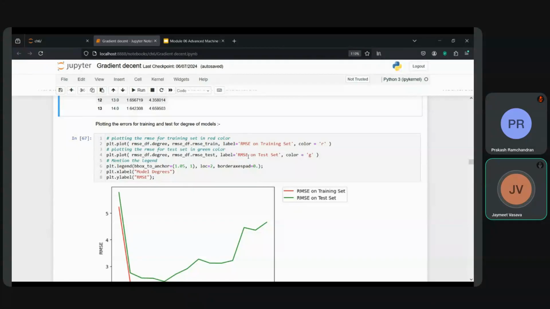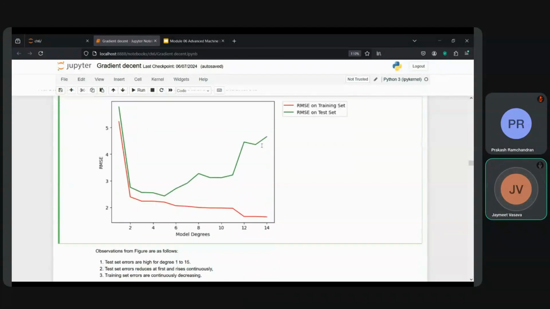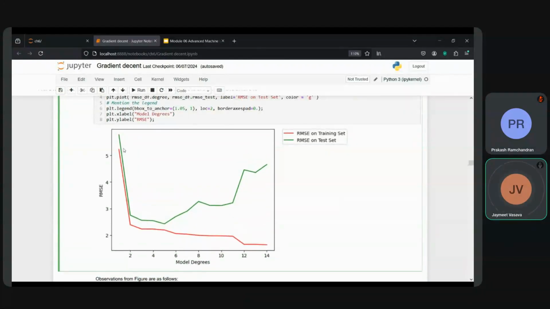After this, we compare the root mean squared error of the training set and the root mean squared error of the test set that we got. You can see that the error starts to decrease for both of them. Around degree 2 it keeps on decreasing, and around degree 4.